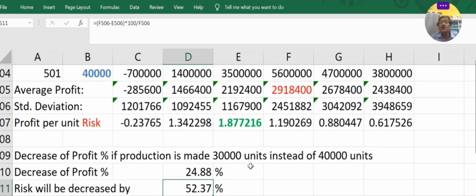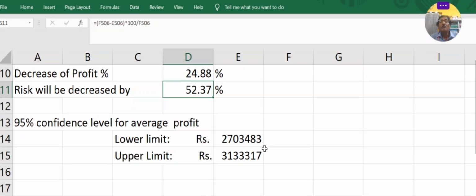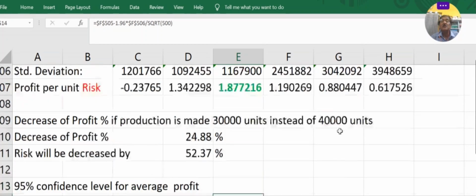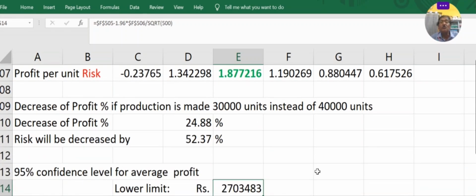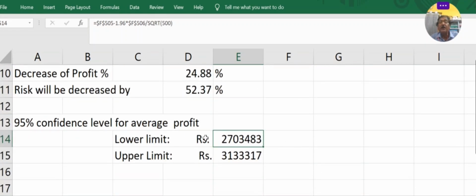That means a risk averse person may select a production unit that is not the maximum profit option, for example 30,000 units instead. And if you take the value of the confidence level, then 29 lakhs 18,000, for the 95% confidence limit, the profit will vary in this range. At the 95% confidence level, the lower value of the profit will be this and the highest value will be this.